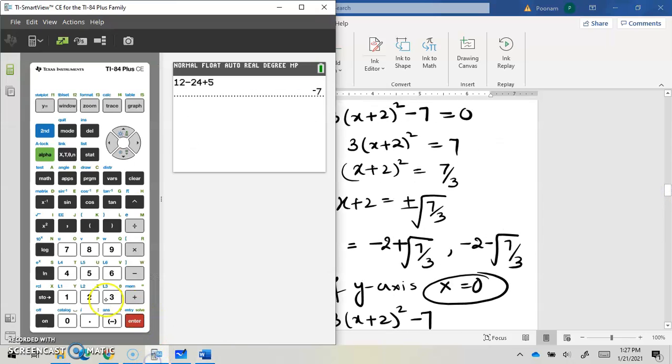Let's calculate what they are. The x-intercepts, right? We have negative 2 plus square root of 7 by 3, that is negative 0.47, and we have negative 2 minus square root of 7 by 3. So, those are our intercepts.